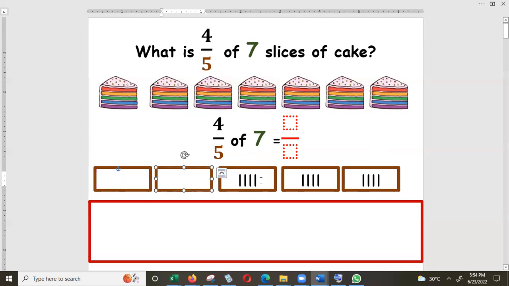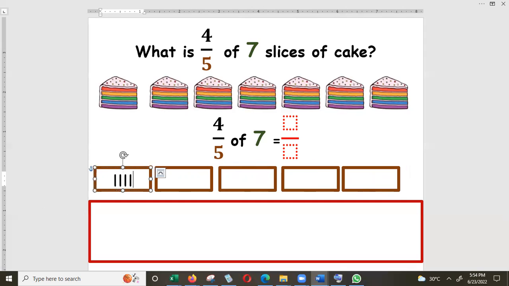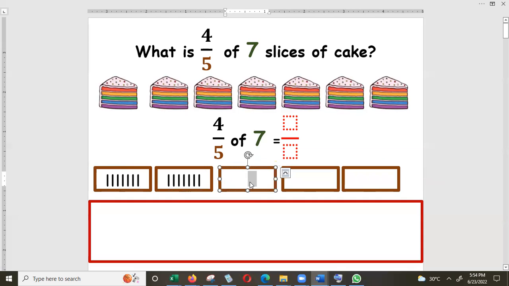So to be consistent with our approach from the beginning, 4 groups of 7. We have our 5 portions. We're going to divide by 5, but we want 4 groups of 7. So that's 1 group of 7, 2 groups of 7, 3 groups of 7, 4 groups of 7.